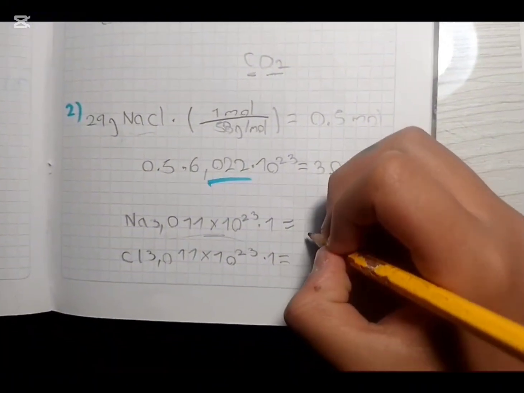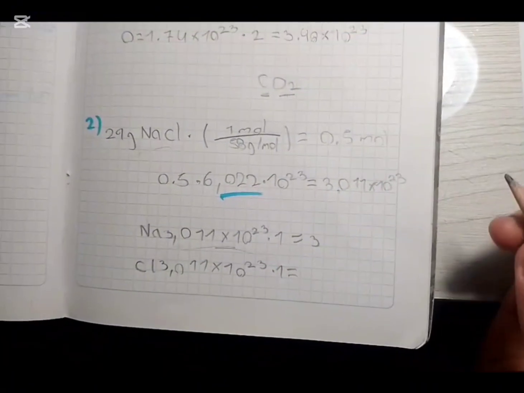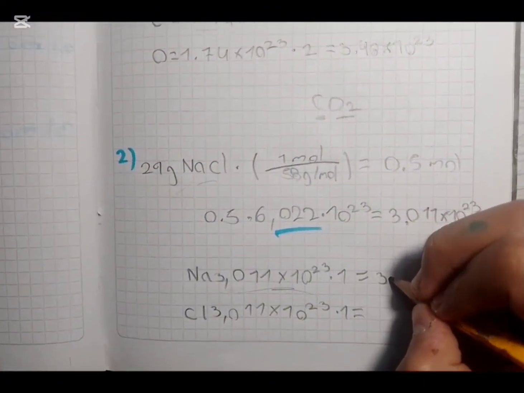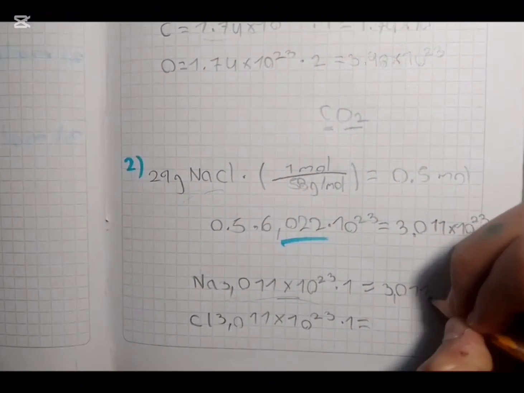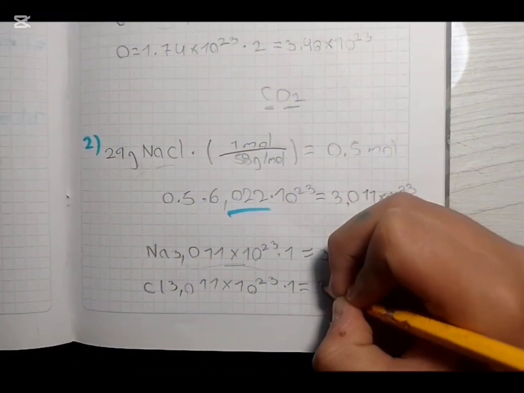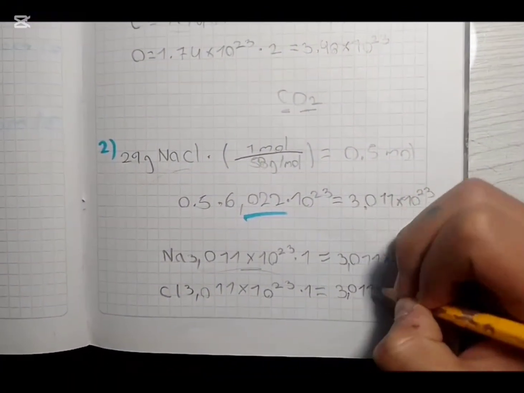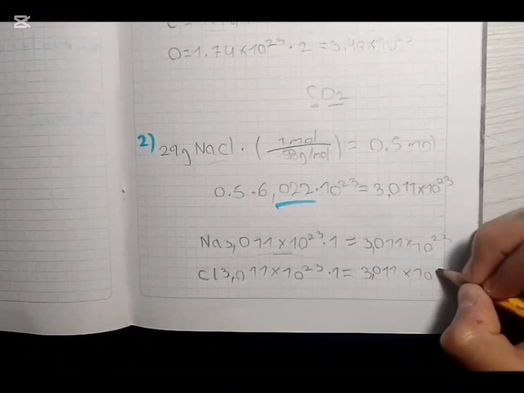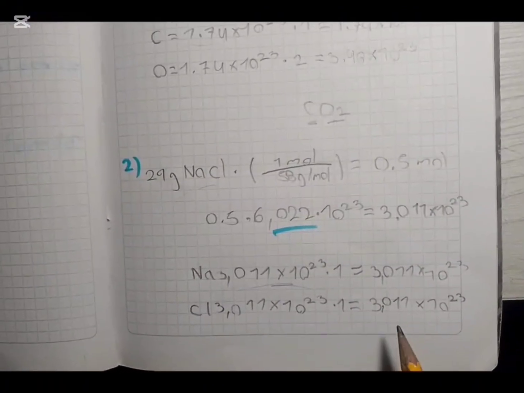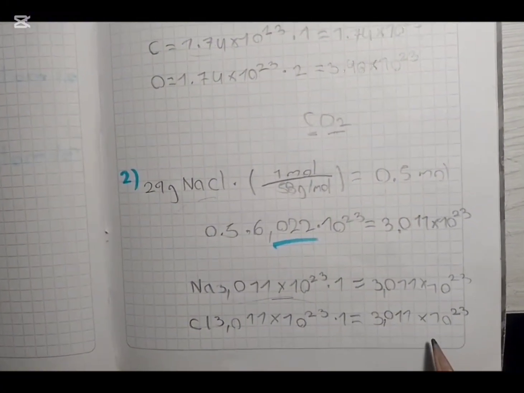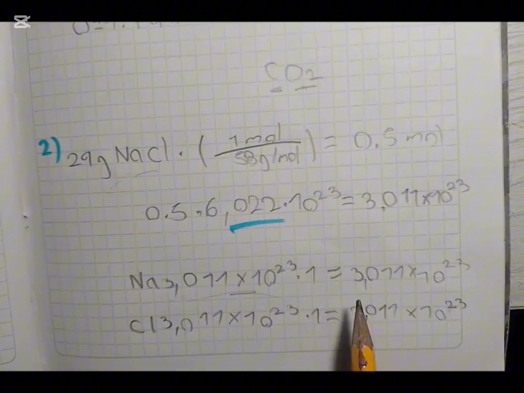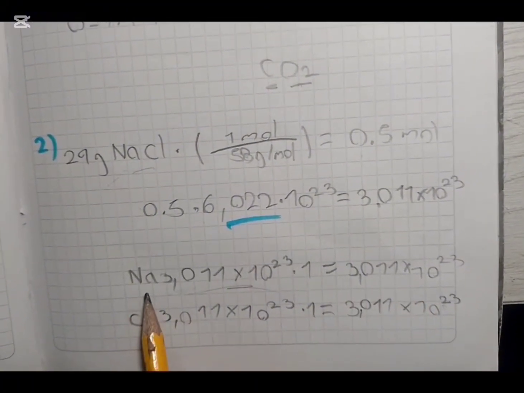And that's it, I get the 29 grams to atoms: 3.011 multiplied by 10 to the 23 atoms of chlorine and the same number of sodium.